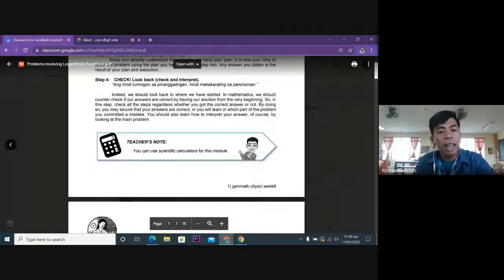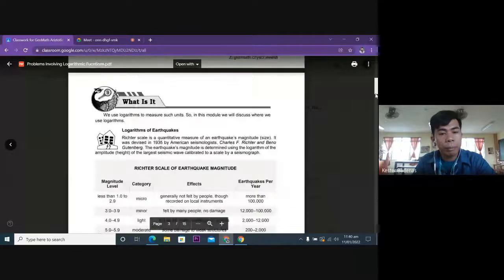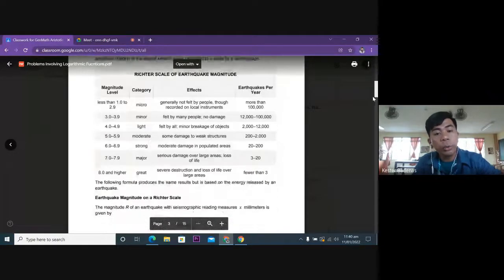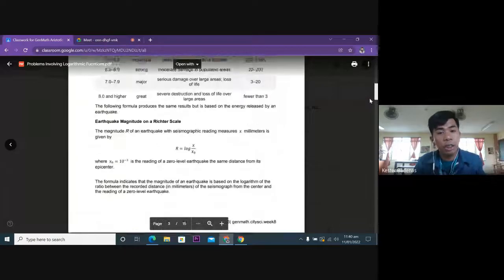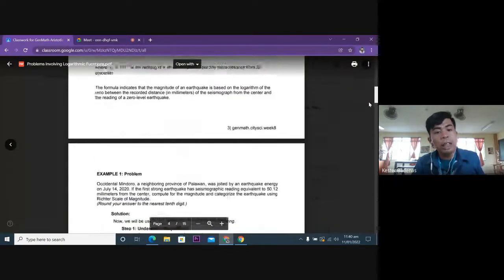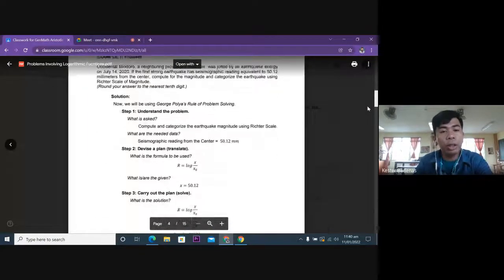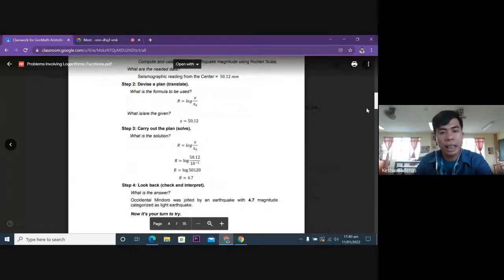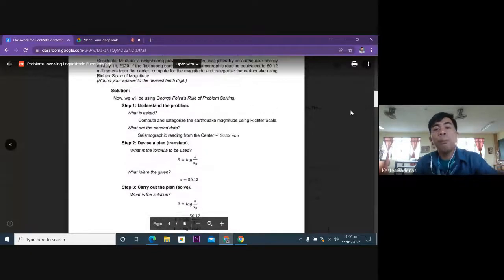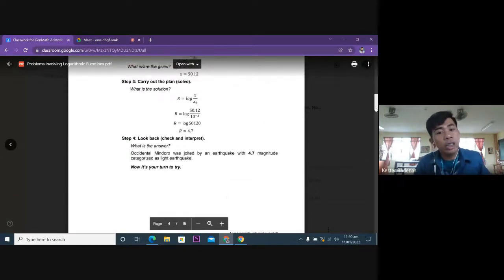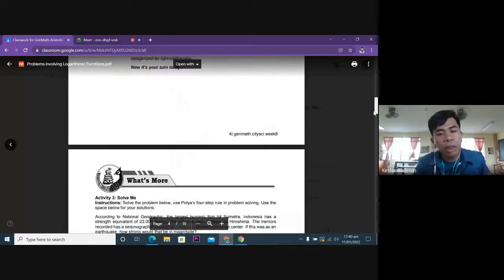O ito, ha. Ayan, kasi earthquake, yun yung mga application niya, yung logarithm. May formula tayo, tapos meron ako ditong, ayan, examples. Using Polya's 4-step rule of problem solving. Ayan, super dali lang talaga ito, class, kaya hindi ko na siya i-discuss, ha? Iwan ko na to sa inyo.